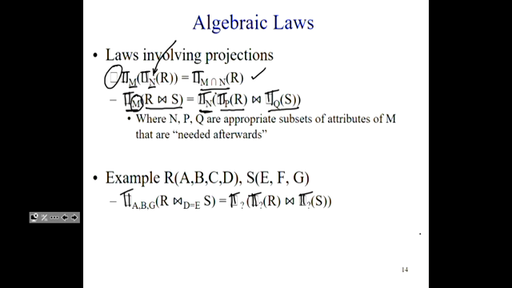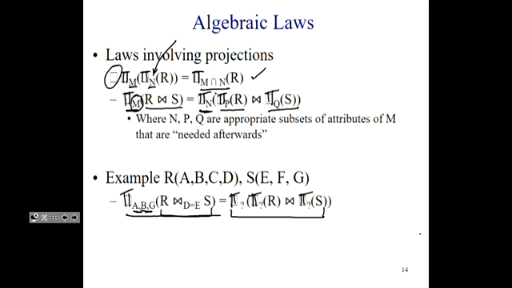Let's say I have this expression with a pi on A, B, and G, and I have a join between R and S on D. How would I rewrite this such that I push the projection down as far as possible?